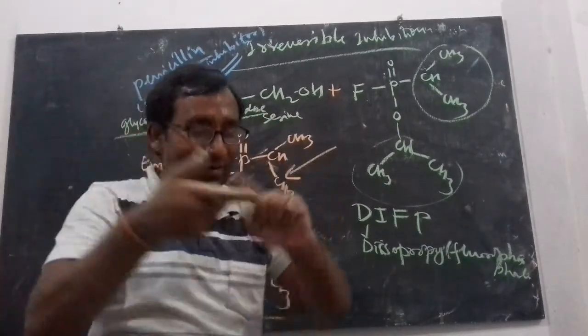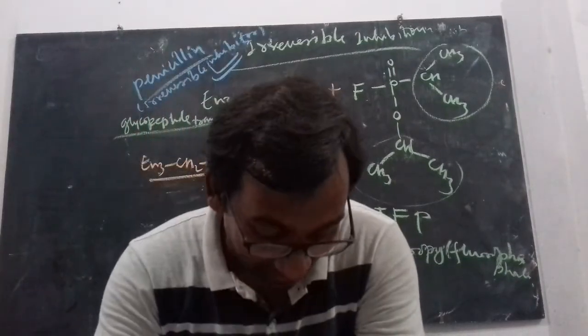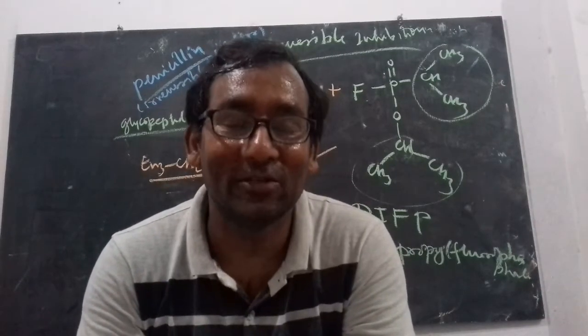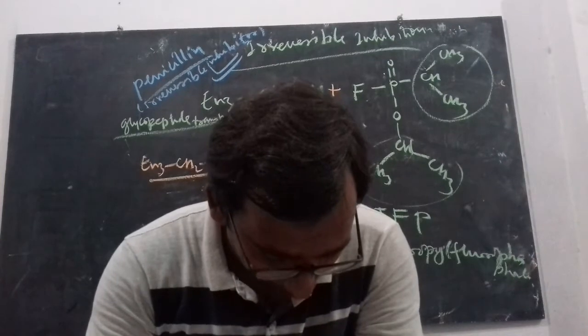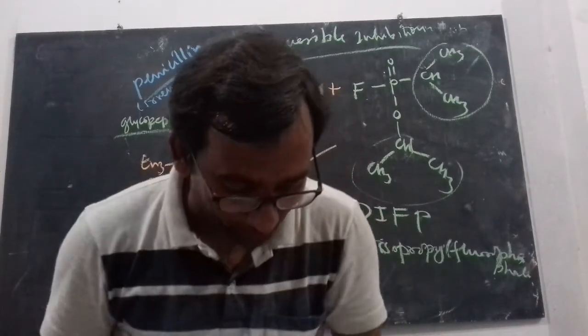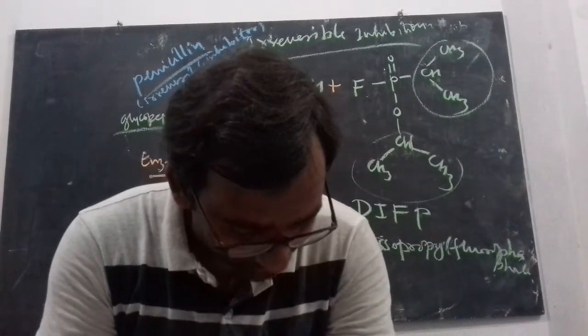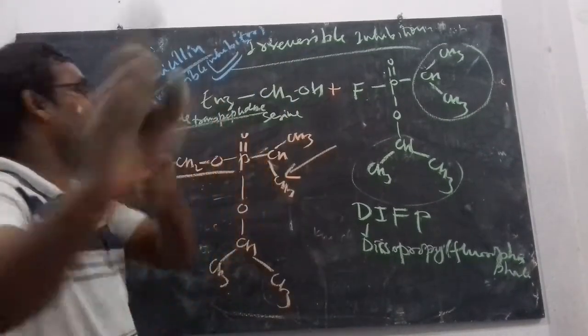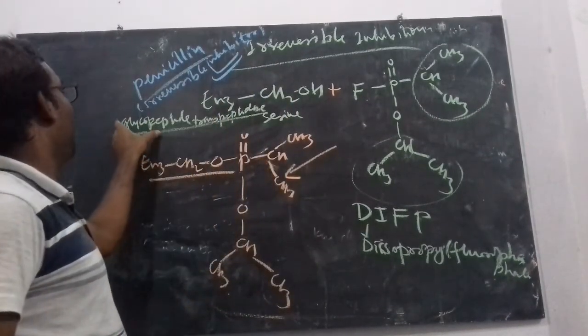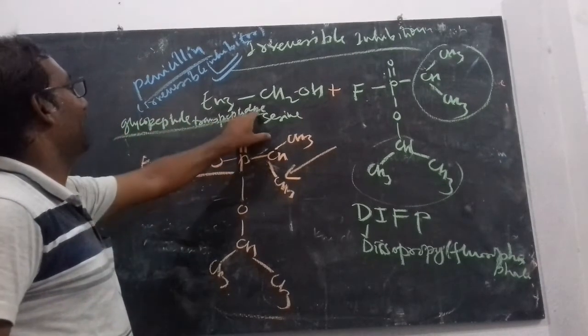When you were studying the cell wall composition of bacteria, you saw how cross-linking of the peptidoglycan chain during the synthesis of the bacterial cell wall takes place. Cross-linking of the peptide chain in the cell wall of bacteria takes place with the help of the enzyme glycopeptide transpeptidase.